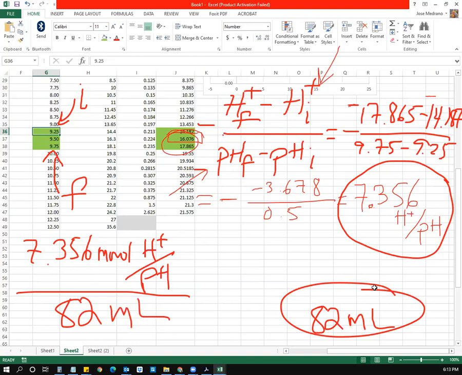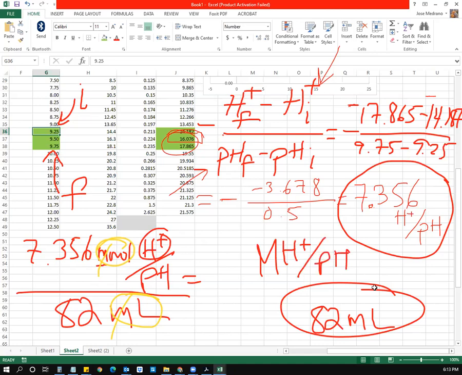We've got millimoles in the numerator and milliliters in the denominator. The millis will cancel out. We've got moles over liters, which gives us the units for molar. And then, of course, the acidic proton just stays there. Moles of the acidic proton per pH unit.